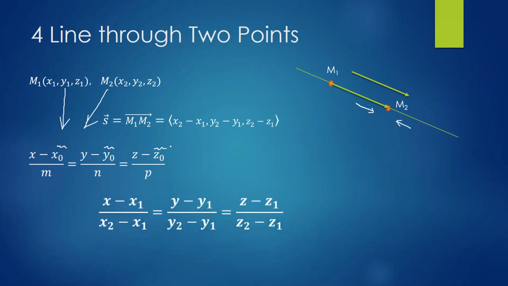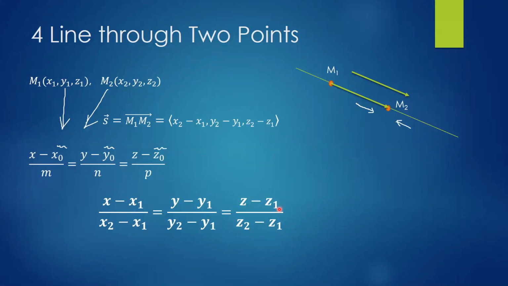As a result, the classical form for the equation of a line whose two points are given is this. So x minus x1, y minus y1, z minus z1. This part is simply according to the canonical equation: x, y, z minus coordinates of a known point on the line. You may choose the first point or the second point.